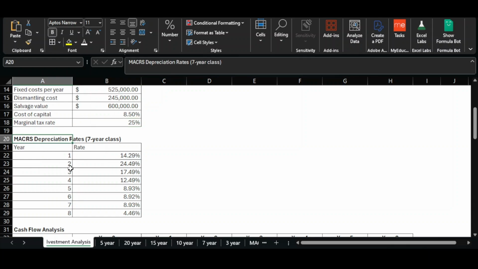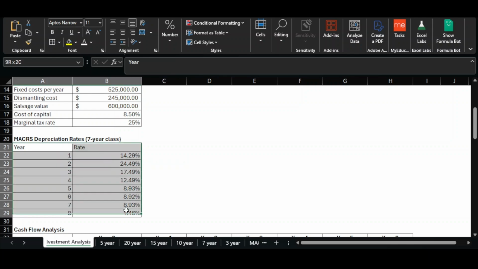Now, it is also best that you list down the depreciation rate for the 7-year class. This is actually found online through many sources of MACRS. It's a public document, published information. You can get that from Wikipedia and the like, but this is a standard for a 7-year life.